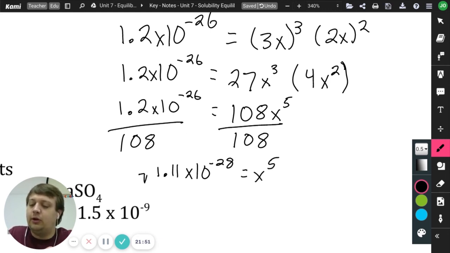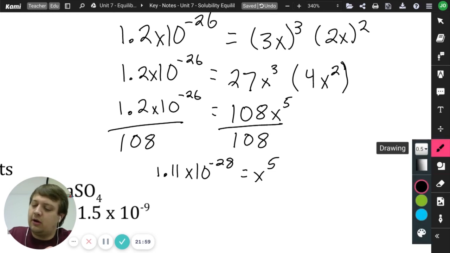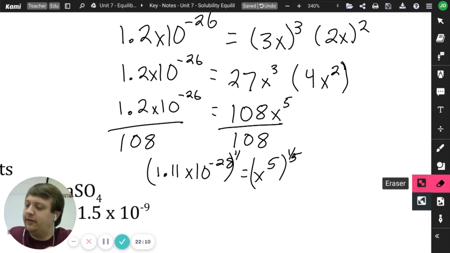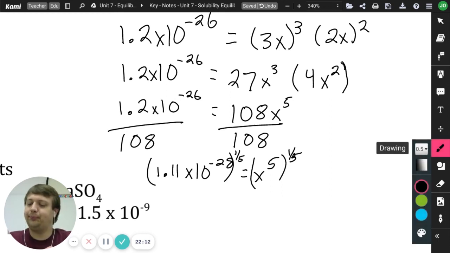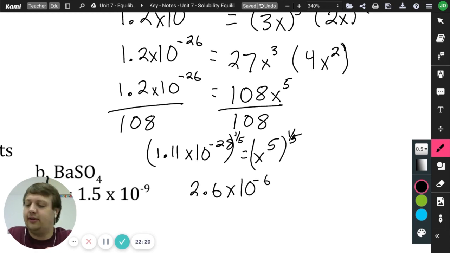So then we do the fifth root of those. Or if you don't want to do the fifth root, you could take all of this and raise it to the power of 1/5. Not half, fifth.